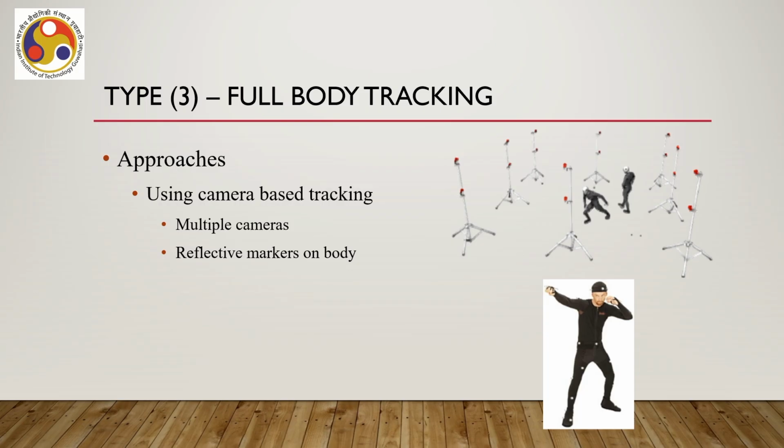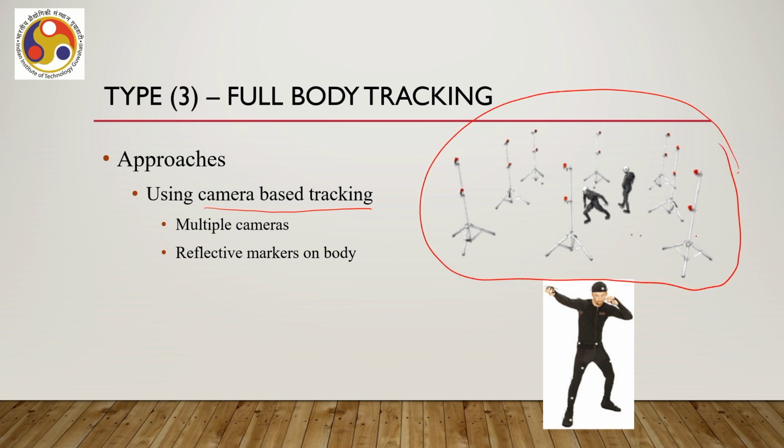Another approach is using camera based tracking. One possible setup is shown here in this figure. As you can see, there are multiple cameras, camera number 1, 2, 3, 4, 5, 6, 7, 8. These are surrounding cameras. In between the cameras, one actor is there. The actor typically wears a suit with some fiducial markers.